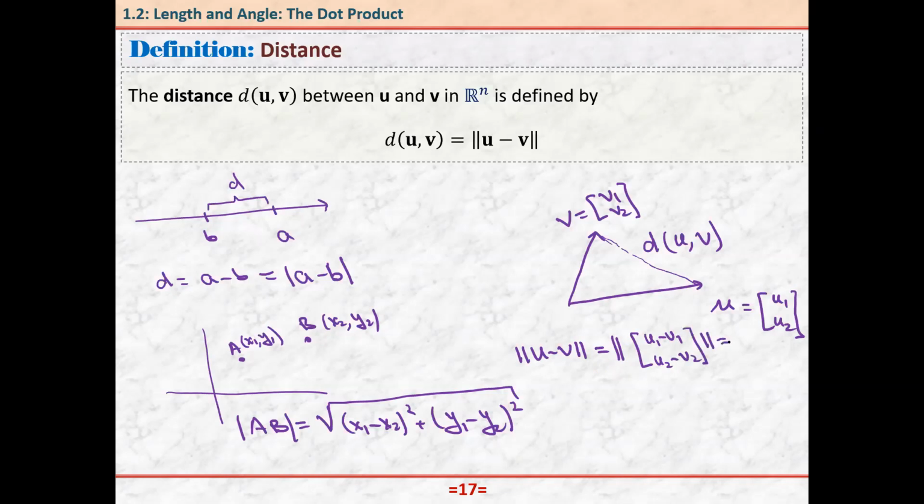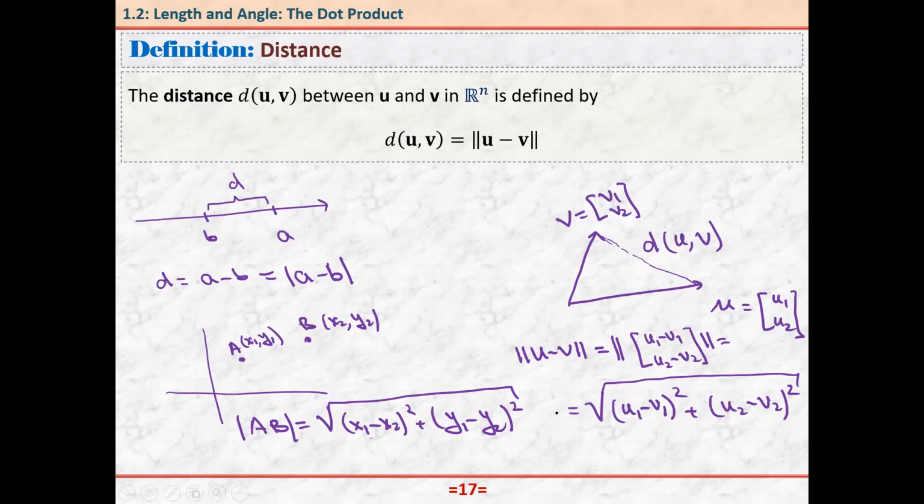And the norm of this vector is equal to the square root of (u1 minus v1) squared, that is the square of the difference of the x coordinates, plus (u2 minus v2) squared, the difference of the second coordinates, the y coordinates. Right? It's exactly the same.